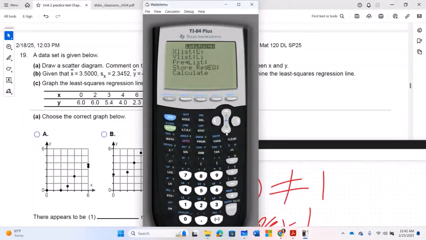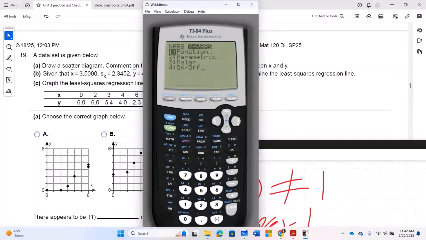The X list is L1, the Y list is L2. Okay, predictor variable is in L1, response variable in L2. I don't have a frequency list, so I'll leave it vacant. And the next one is asking me, do you want your regression equation in a function? Yes, I want it in Y1. So I will tell my calculator that I want the regression equation in Y1.